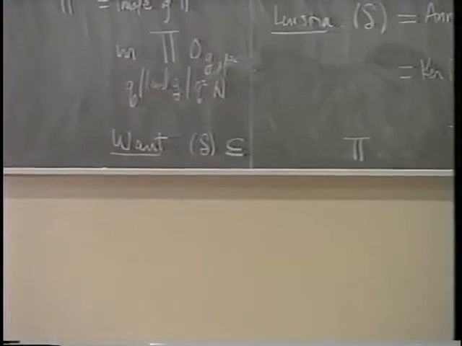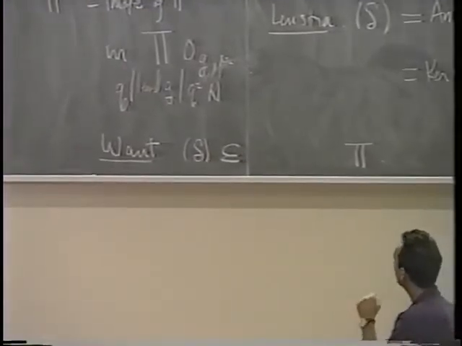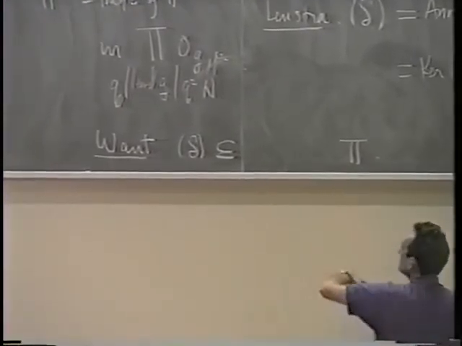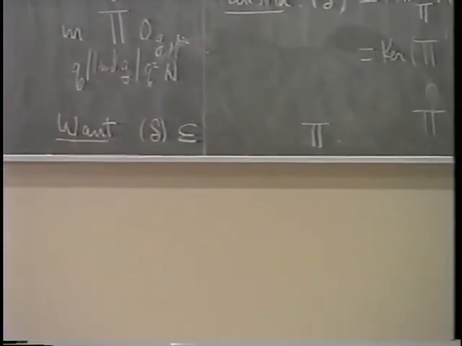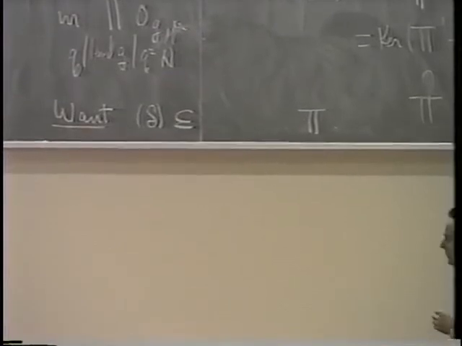And what you want of delta is that it should be contained in an ideal which, when pushed down to O, gives you this q minus 1 squared times aq squared minus q plus 1 squared.